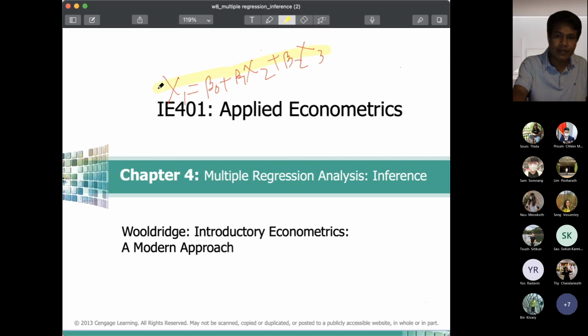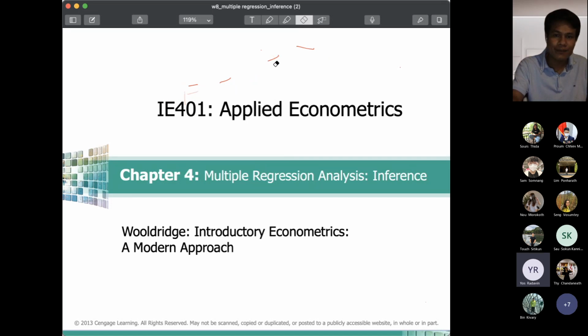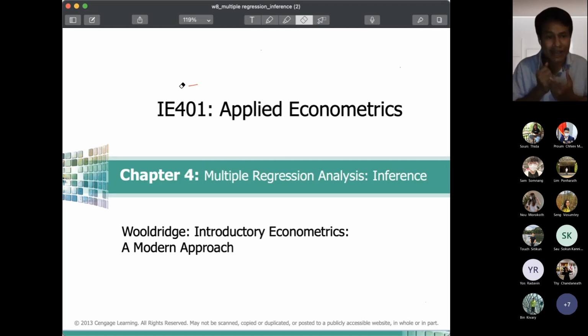Let me delete this. This is highlight. Teacher, could you touch on omitted variable bias more? Again, omitted variable bias is just a key term. It's just a different term, but the meaning is the same as endogeneity. It's the same as violating zero conditional mean.